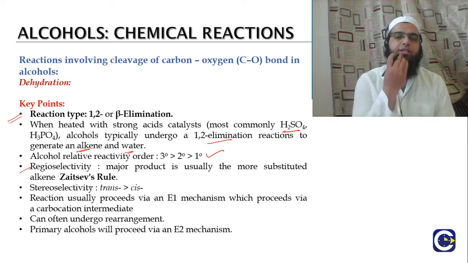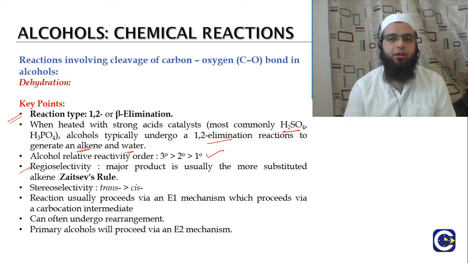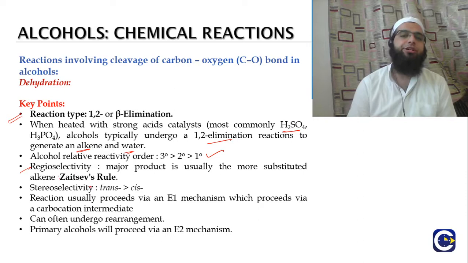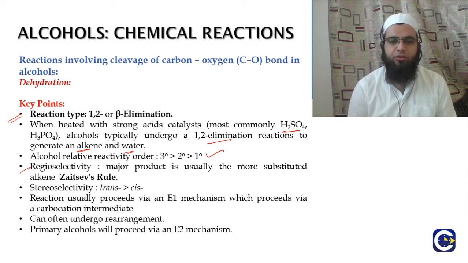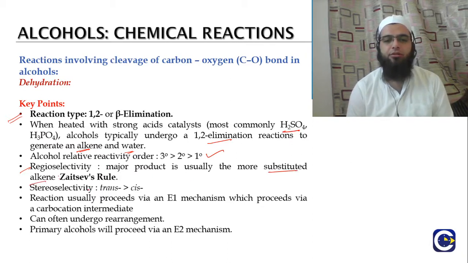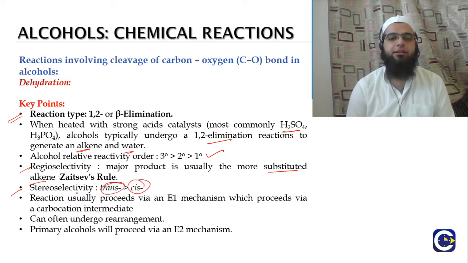This is because there is the possibility of abstraction of hydrogen from two beta carbons. So the abstraction is from that carbon which results in the formation of the more substituted alkene, as we have already seen. And if we talk about stereoselectivity, then the trans isomer is formed in greater abundance than the cis product.